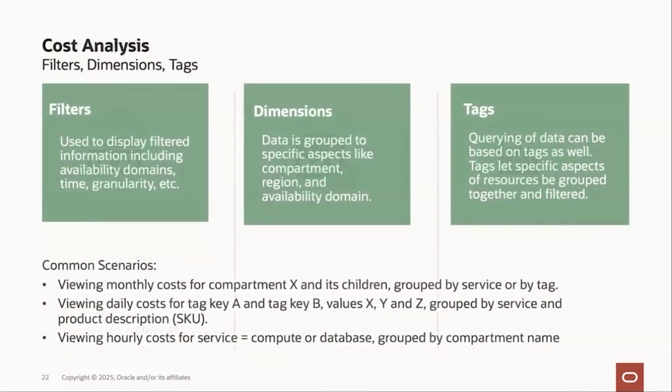Another tool that I would like to cover is cost analysis, and this might make a little bit more sense when I hop into the console, but you can generate different reports to get a little bit more insight into maybe your monthly costs, see if there's any spikes in spend, stuff like that.